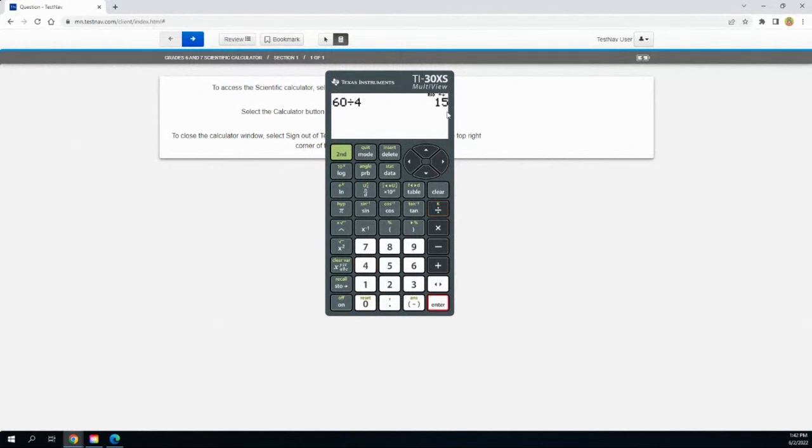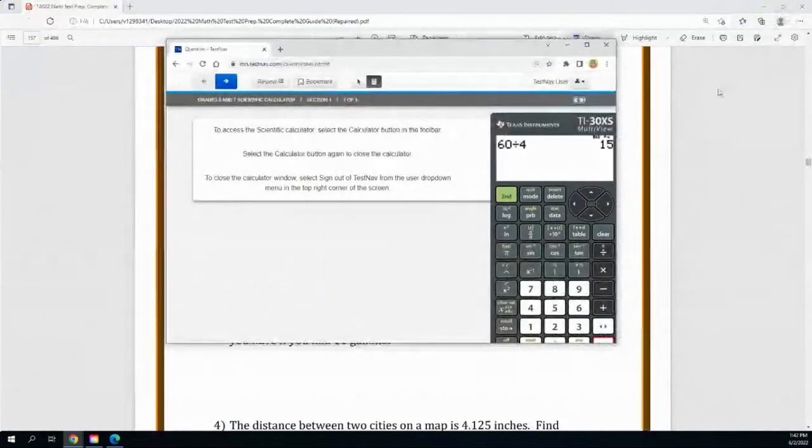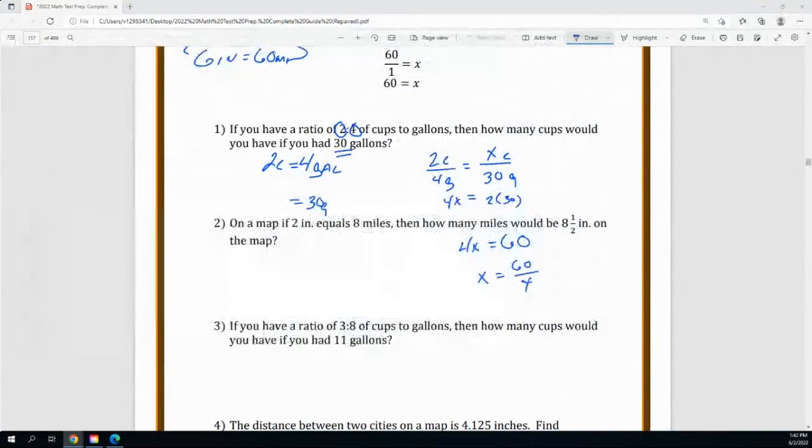Look at that. So 60 divided by 4 is 15. So x is 15. This is exactly how you would do this.